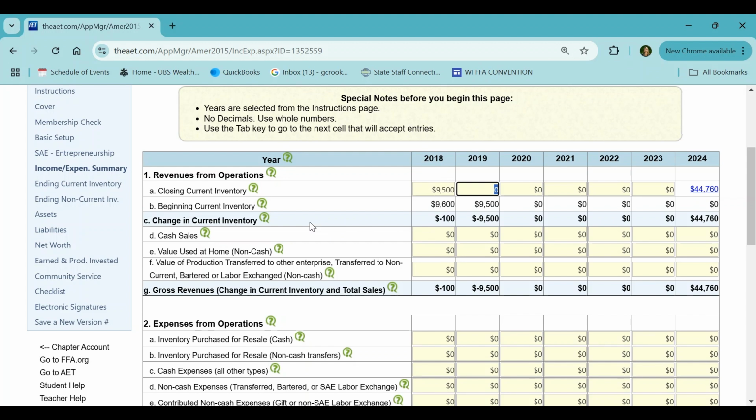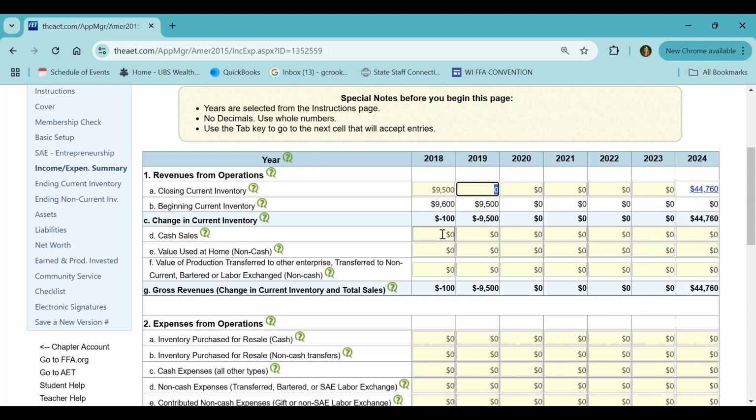You'll notice that it shows the change in current inventory. We lost $100, which is fine. It just means that you had less inventory left over. The cash sales would be anything that you sold in 2018 for cash.